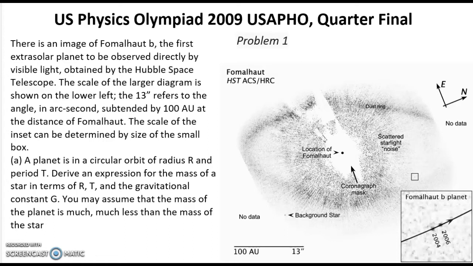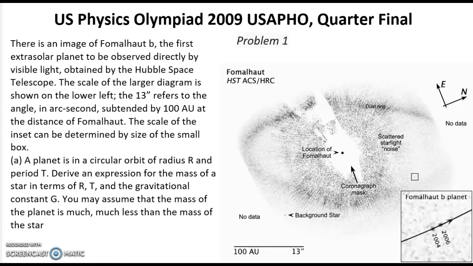The 13 seconds refers to the angle in arc seconds subtended by 100 astronomical units at the distance of Fomalhaut. The scale of the inset can be determined by the size of the small box.